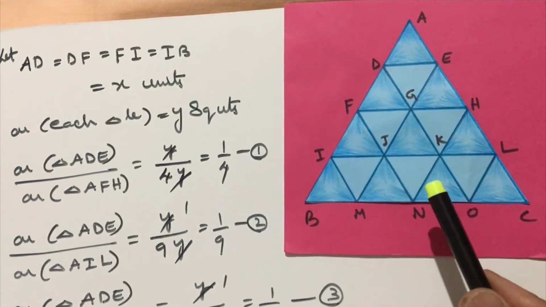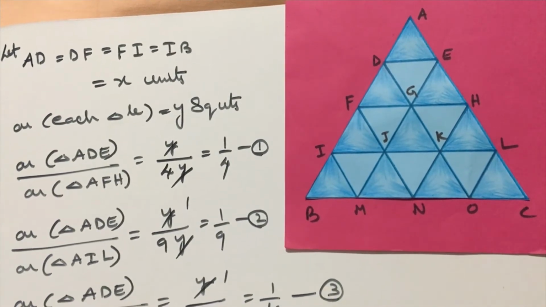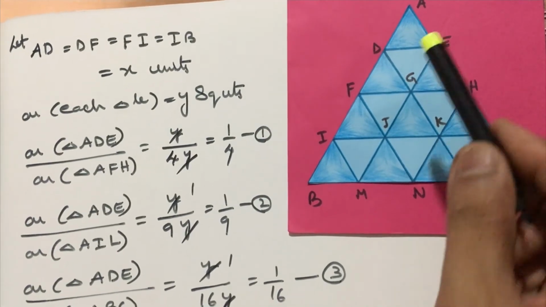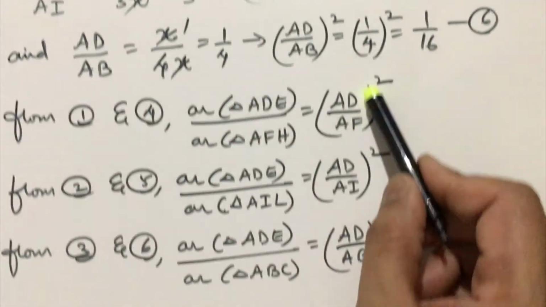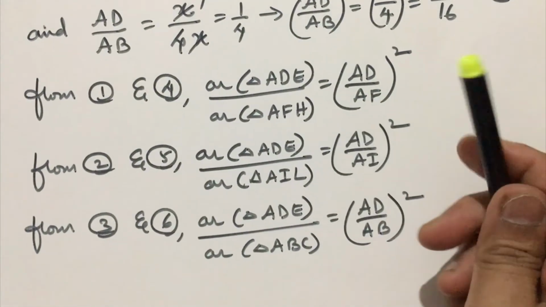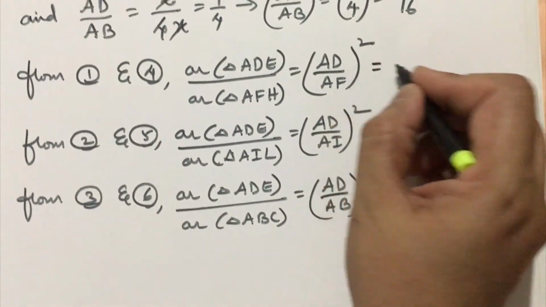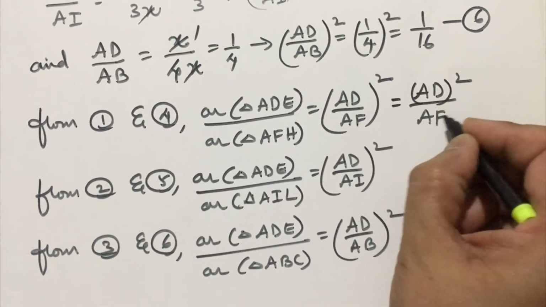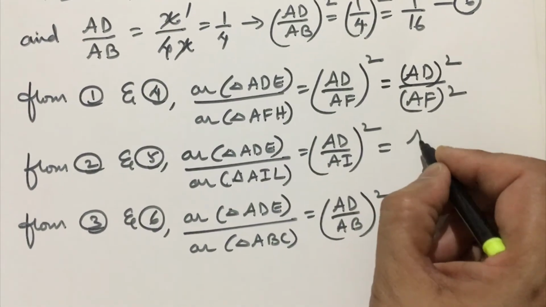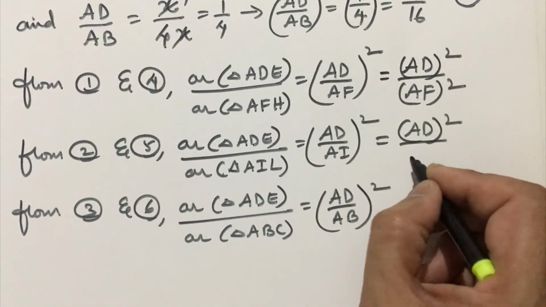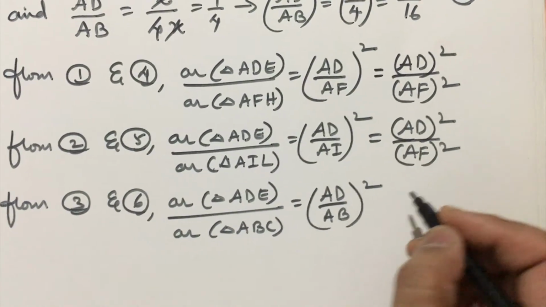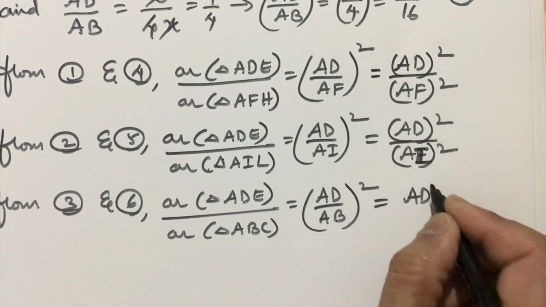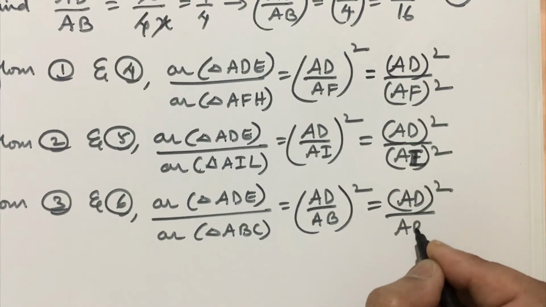So what did we get from this activity? I got that the ratio of their areas is equal to the ratio of the squares of their corresponding sides. I can write it as AD square by AF whole square, and here also AD whole square by AI whole square, and here AD whole square by AB whole square.